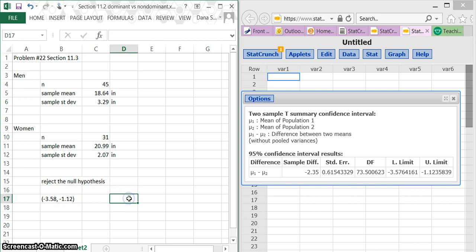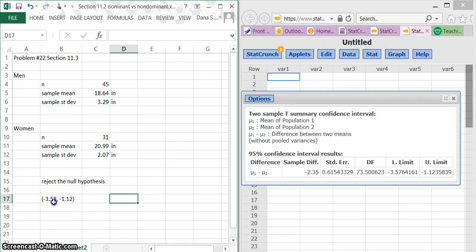The thing I wanted to show you with this example is that we're rejecting the null hypothesis. Remember, the null hypothesis was that there is no difference, the idea that mu1 minus mu2 equals 0. So if the difference is 0, 0 should be in the confidence interval.